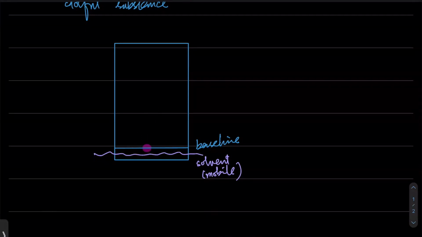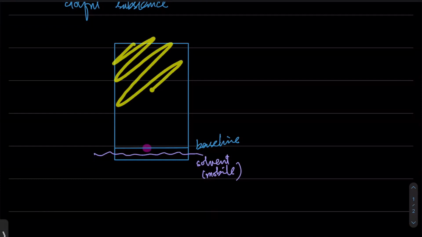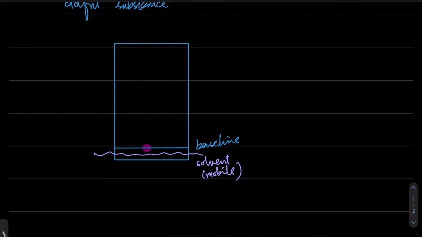But at the same time, because this surface is coated with the stationary phase, the surface will try to adsorb this substance. Whatever it adsorbed more will stay towards the lower half. Whatever forms stronger van der Waals forces with the solvent will go towards the top half. And that is how these mixtures will separate.